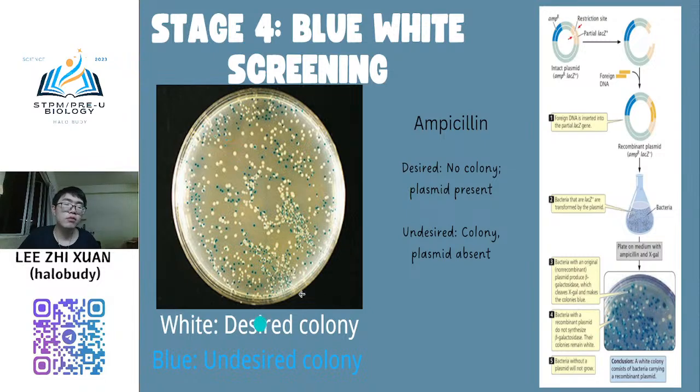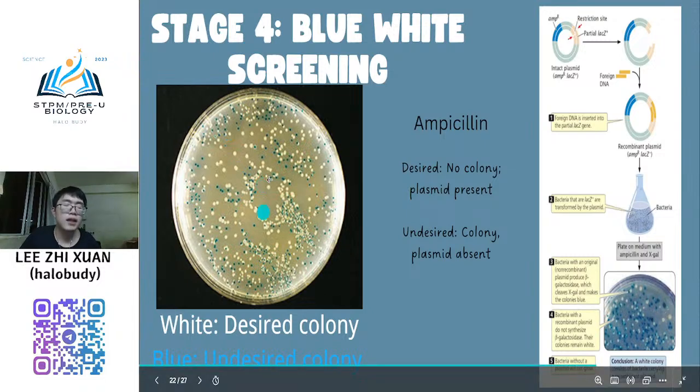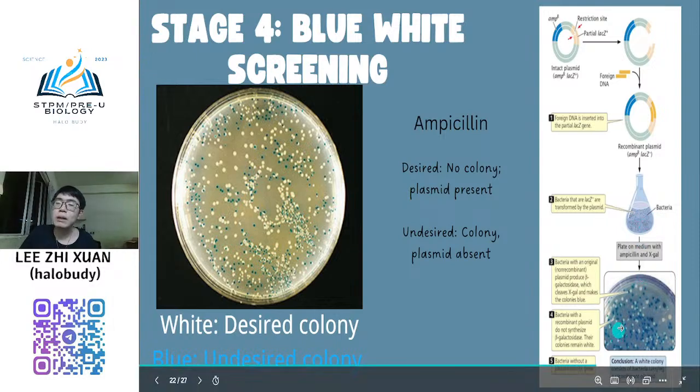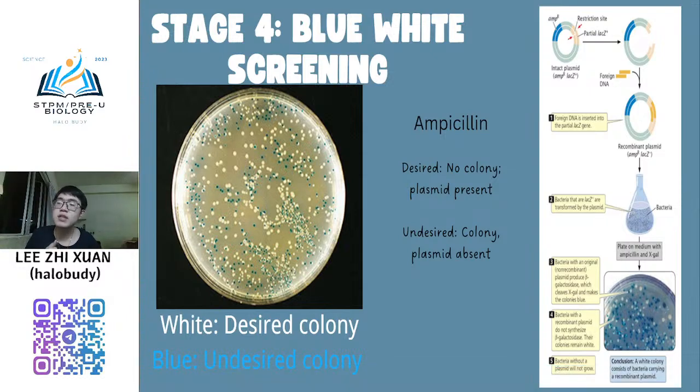This is the result that we got. Normally, when you do the recombinant plasmid and it is transformed into the host cell, this culture solution will be poured into the agar medium. This agar medium will contain two substances.